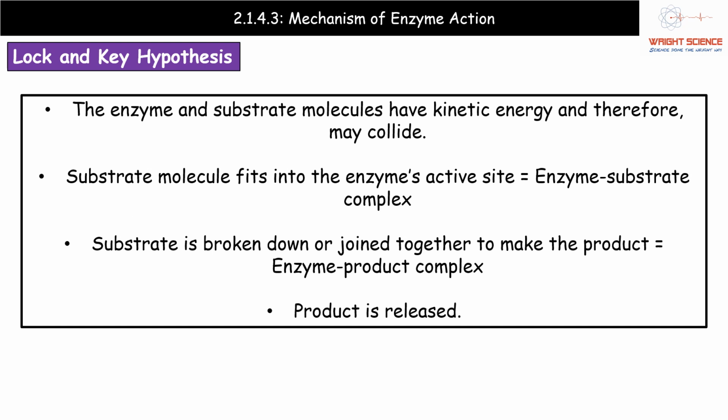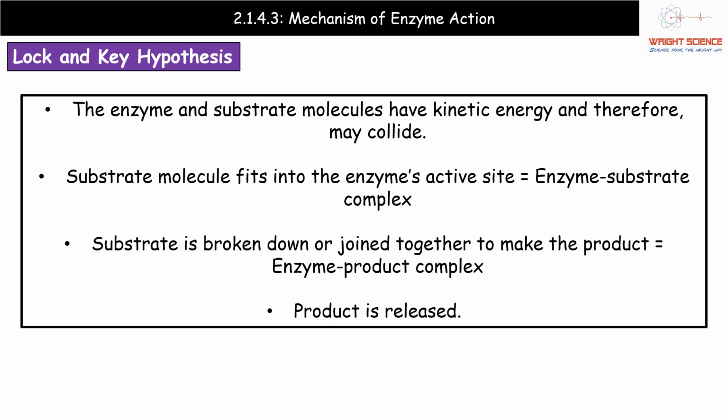Now, in terms of the additional detail here, what we need to remember are some of those key phrases. So we've got our enzyme, the protein that has that specific three-dimensional shape, and then we've got our substrate. This is the bit that's going to fit into the active site.